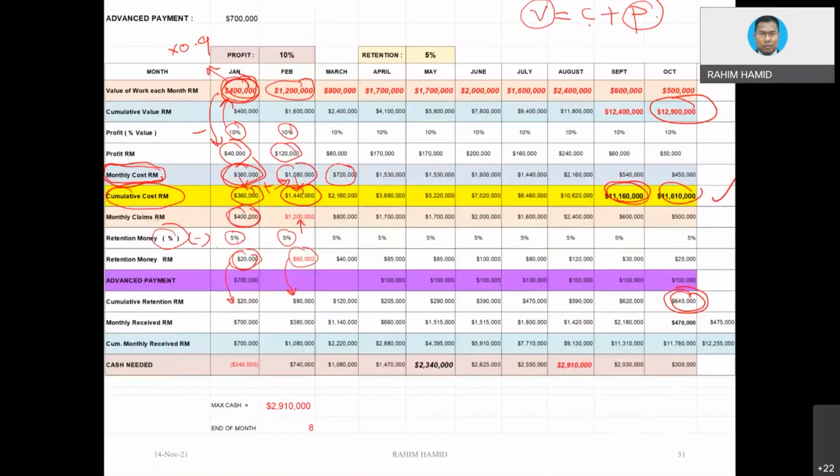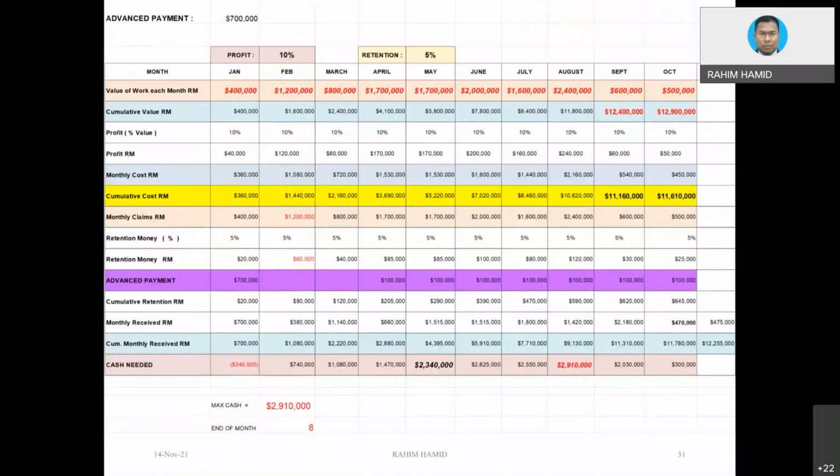Okay, another row, advance payment. Perhaps we can put advance payment as one of the rows due to the fact that in this question we do have advance payment. You notice that advance payment will be paid to the contractor's account at the beginning of the project. Meaning the contractor will receive 700,000 as a positive, a plus to the contractor account.